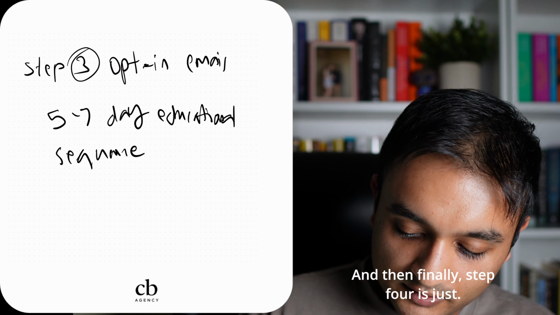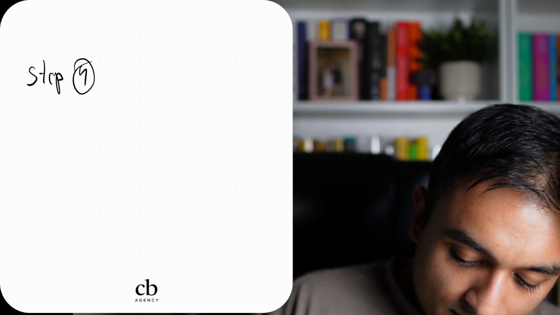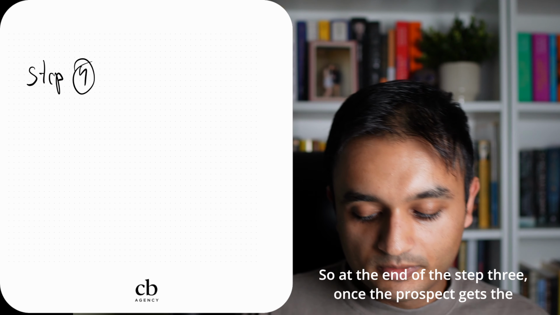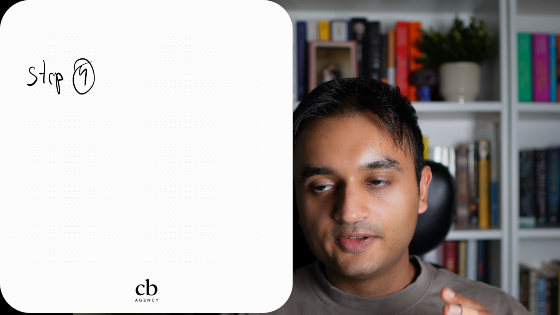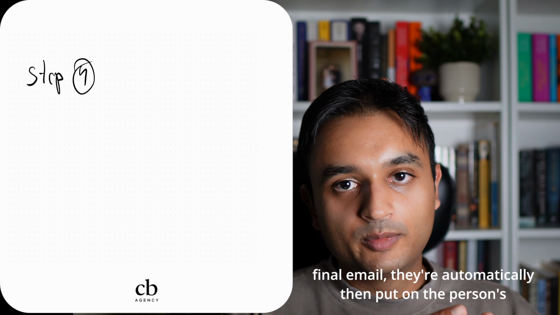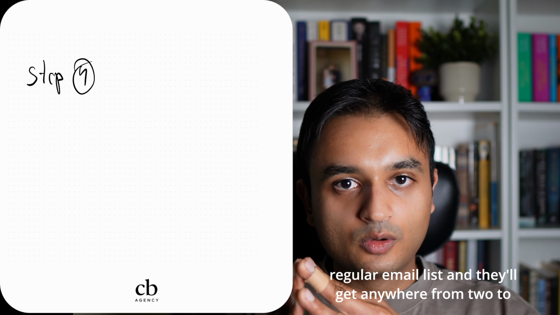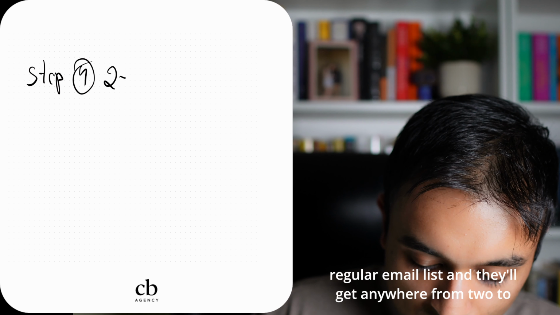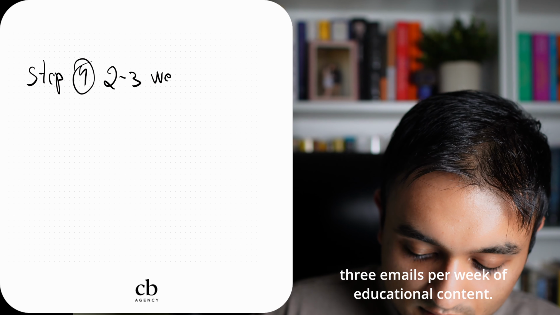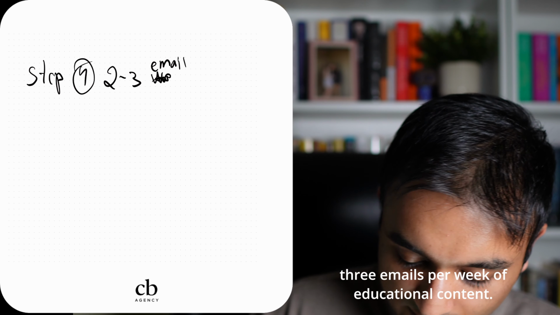And then finally, step 4 is, at the end of step 3, once the prospect gets the final email, they're automatically put on the person's regular email list, and they'll get anywhere from 2 to 3 emails per week of educational content.